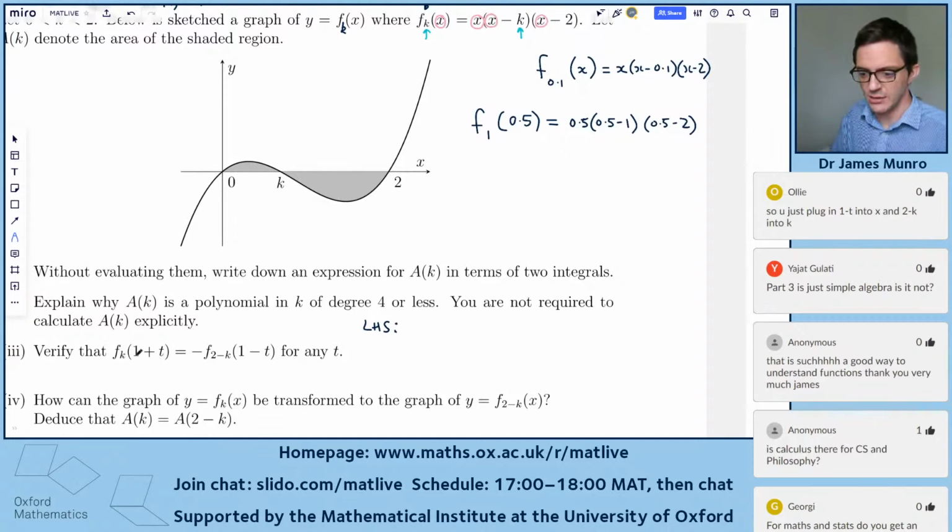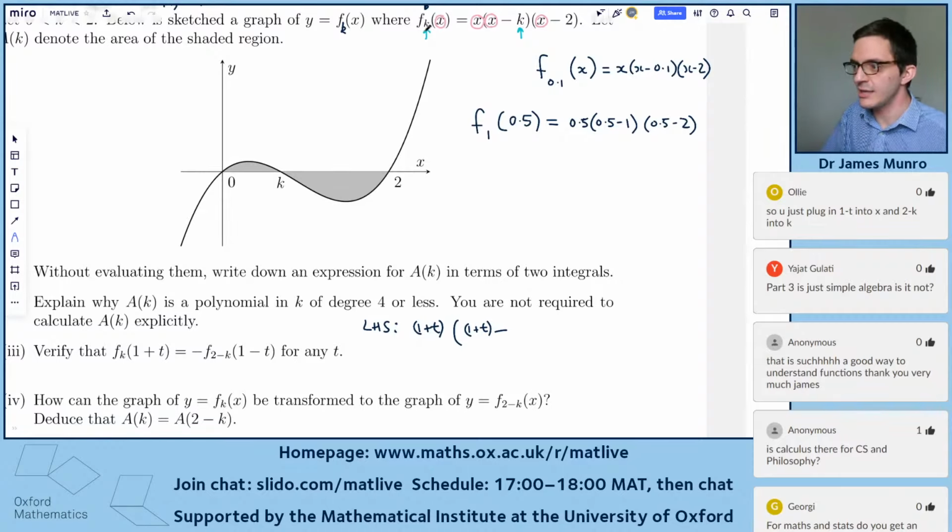The thing inside the brackets here is 1 plus t. So wherever I see an x in my definition at the top, I want to write 1 plus t. I'm going to put brackets around it just to make sure that I'm keeping that as one object. And then a 1 plus t in here, and then pause because I need k now.